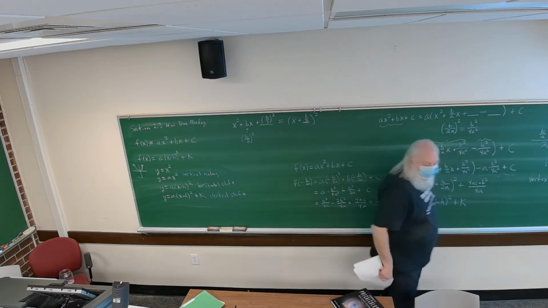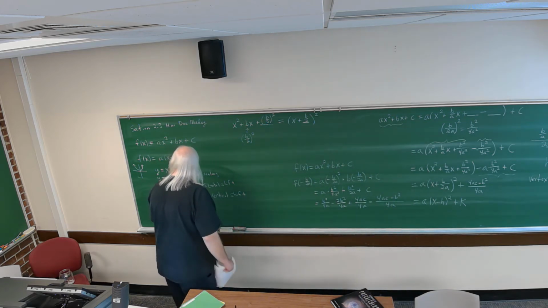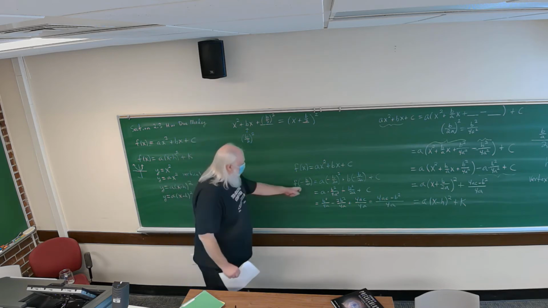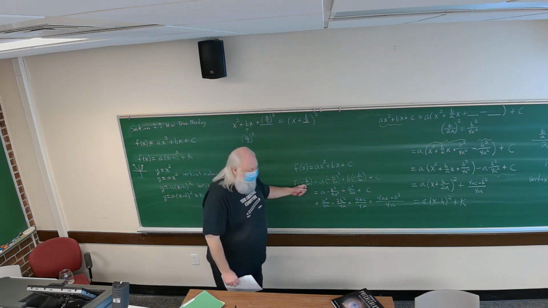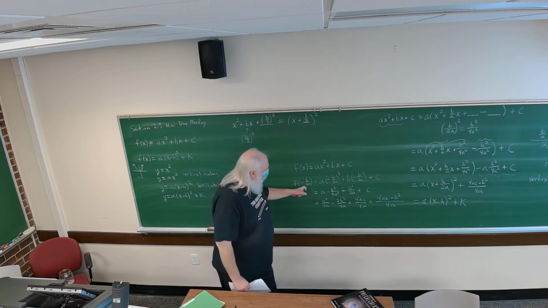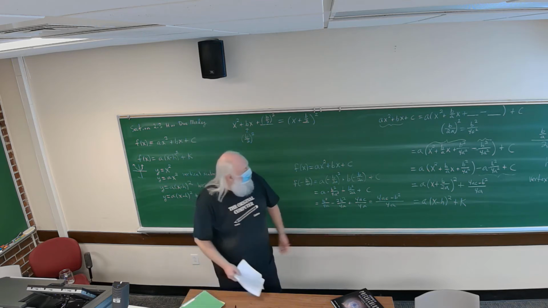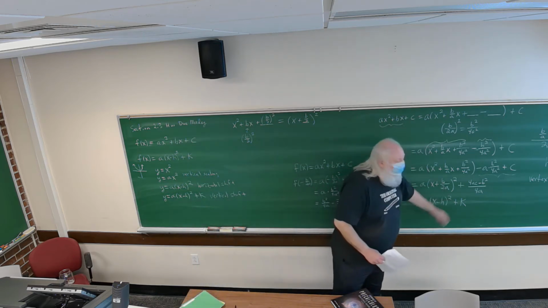So yesterday, when we were using minus b over 2a for the x coordinate and f of minus b over 2a for the y coordinate, where did that come from? It's not magic. It came from completing the square.